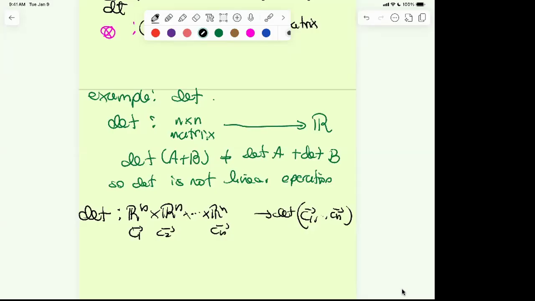Let me write it on the board. I'll put some silly numbers here.